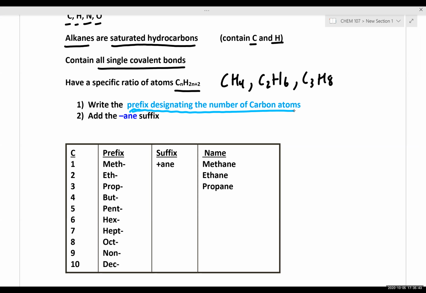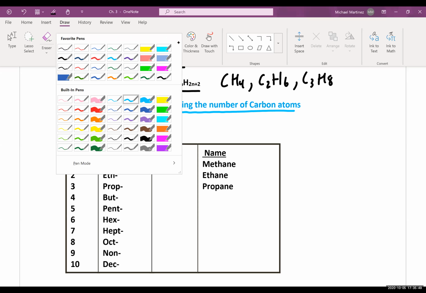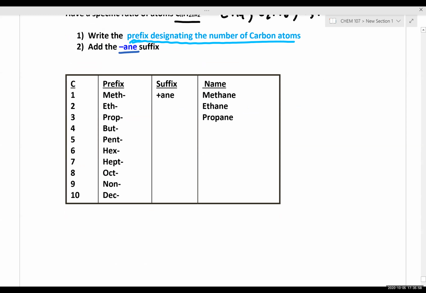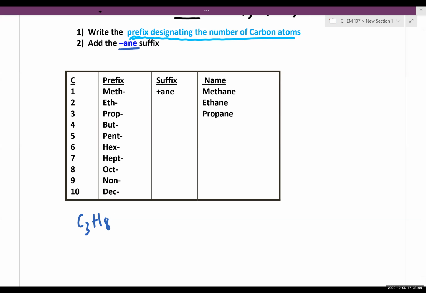Then, once you have your prefix established, you add the suffix -ane, A-N-E. So for example, C3H8.